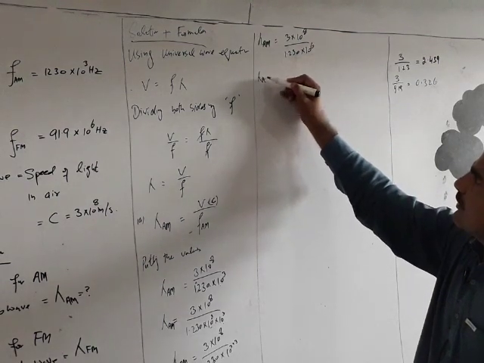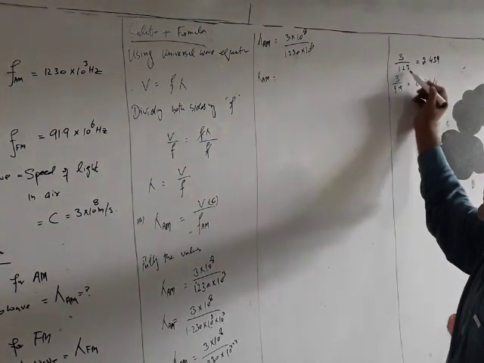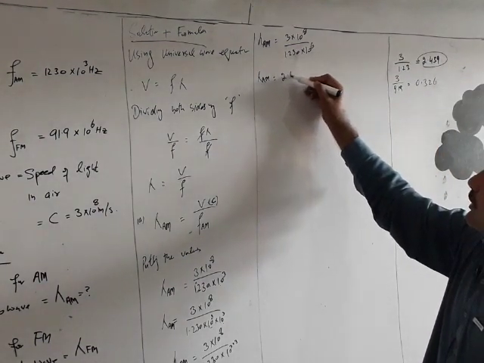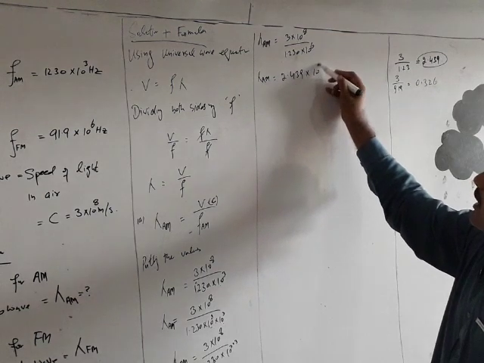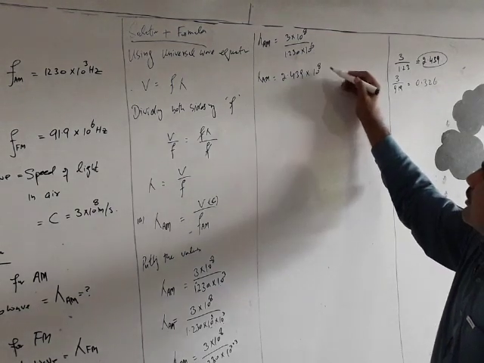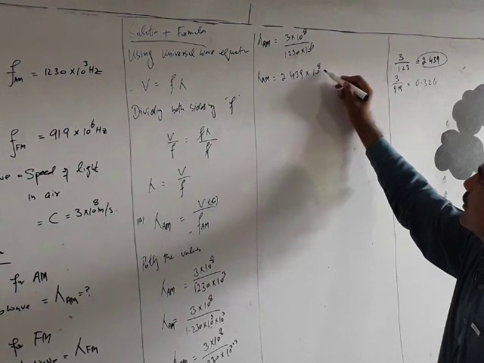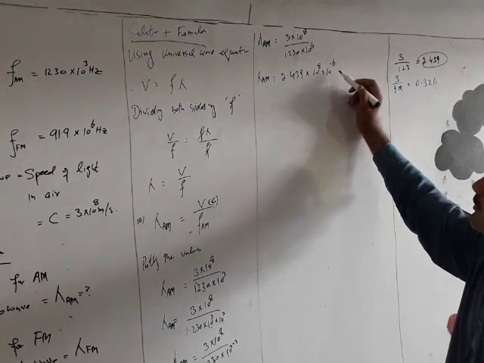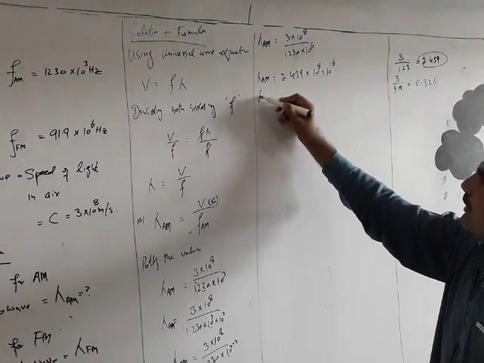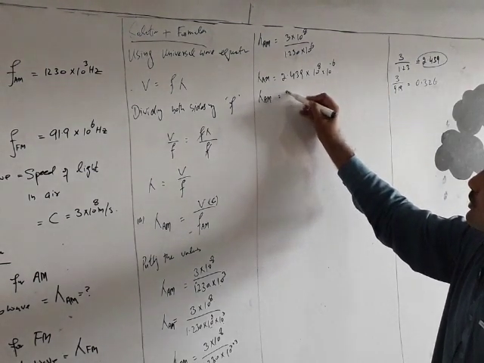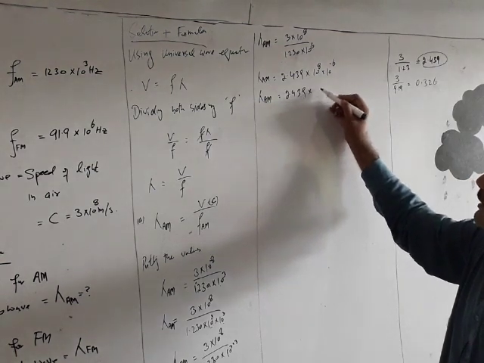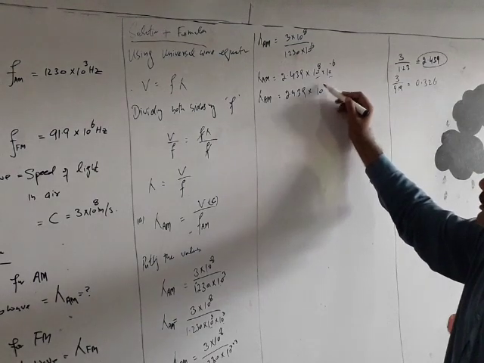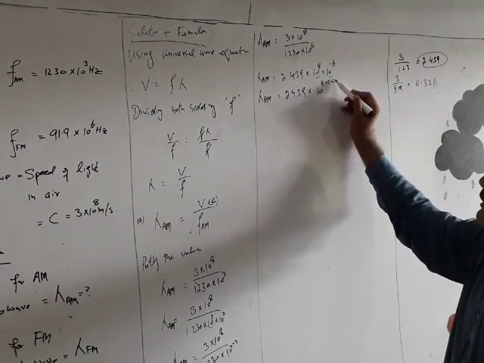Dividing 3 by 1.23, its value will become 2.439 multiply 10 power 8, and shifting this 10 power 6 upward, its exponent will become negative, 10 power minus 6. So lambda AM will be equal to 2.439 multiply, as bases are the same, I will add their exponents, 8 plus minus 6.